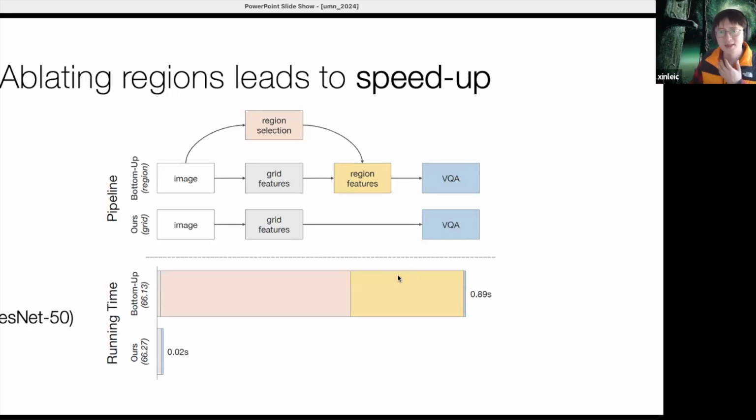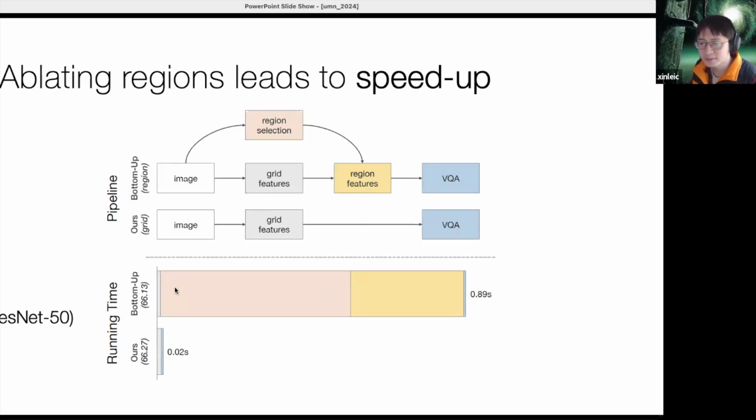The second one is about the speed up. So I was talking about how ablative research can potentially lead to faster pipelines, and in this case it is especially salient because the region selection time is huge. The region feature computation is also huge.